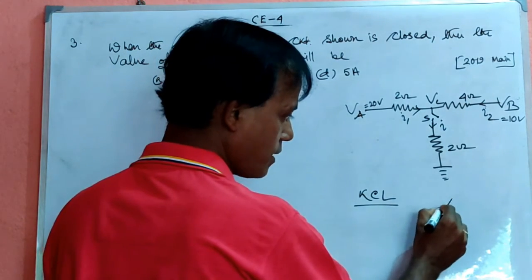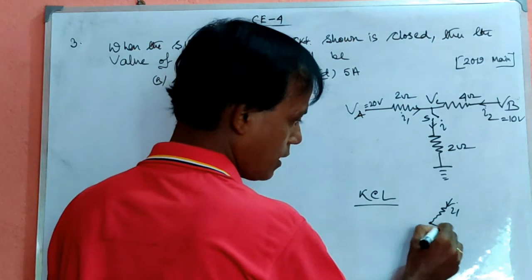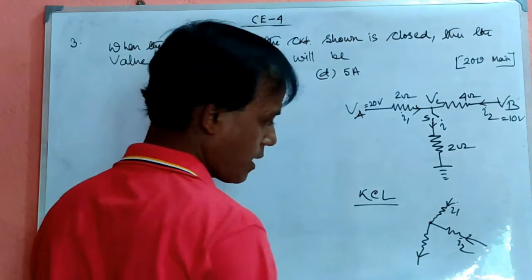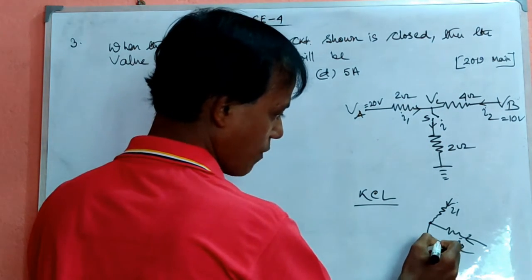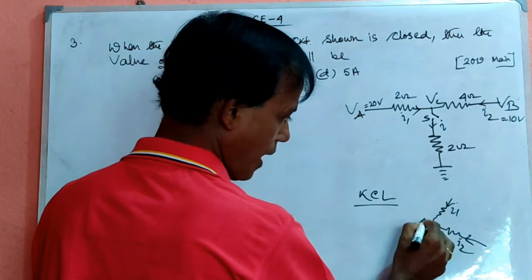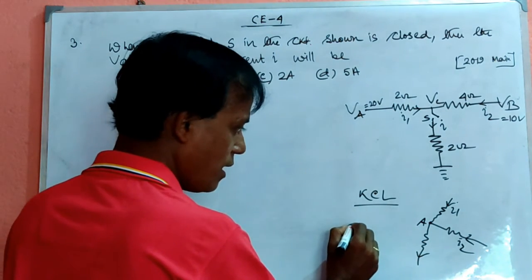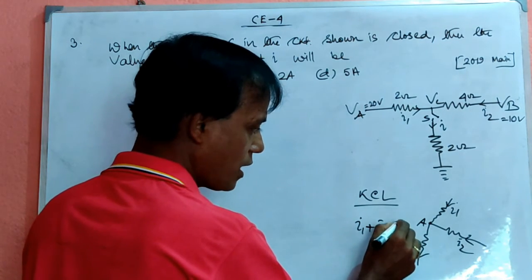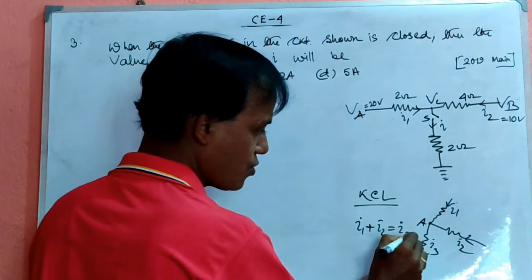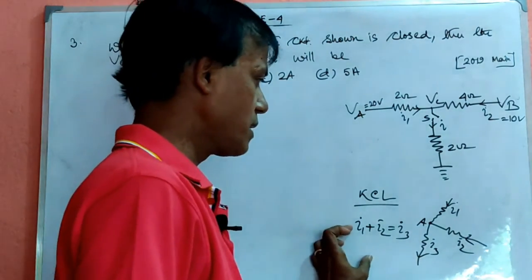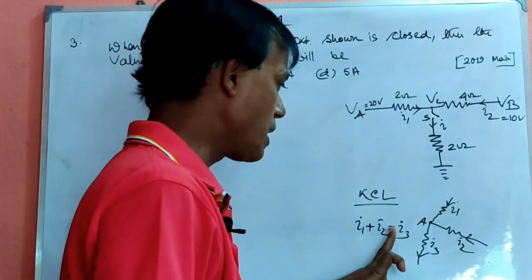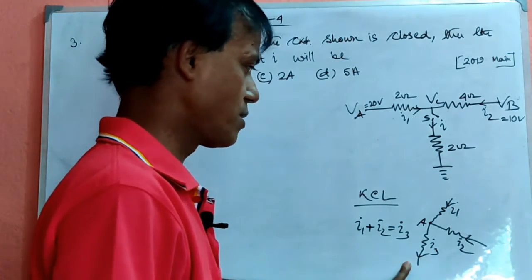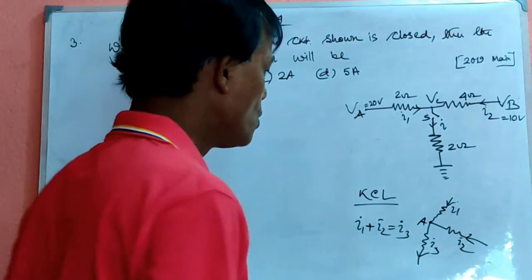At a point, this current I1 is coming, this current I2 is coming, and this current I3 is passing through, directed away from that point A. Then, by Kirchhoff, I1 plus I2 is equal to I3. The sum of all the currents directed to a point A is equal to the sum of all the currents directed away from that point A.